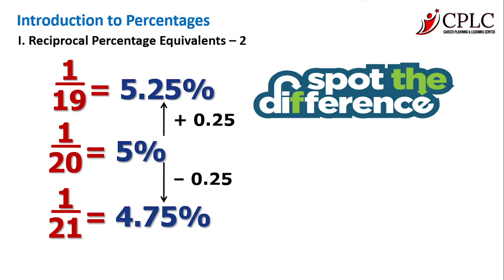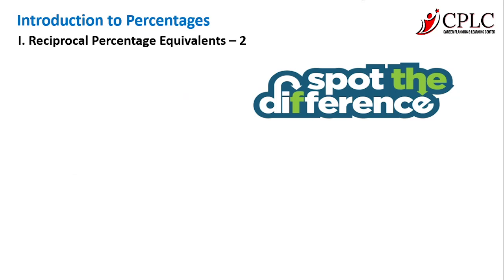If you understand this, the next group becomes exactly the same thought process and logic. The next group is 1 by 24, 1 by 25, 1 by 26, out of which we can still remember the middle one, 1 by 25, because it is the standard number, which will be 4%. Then 1 by 24 and 1 by 26.